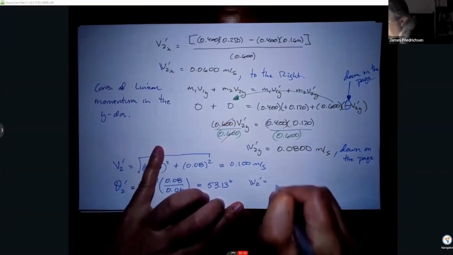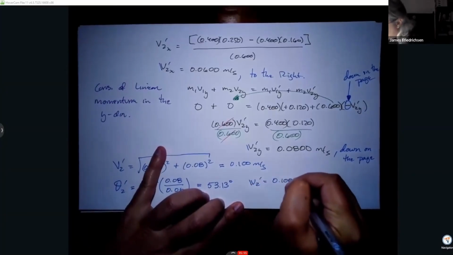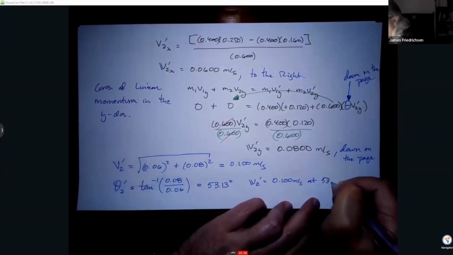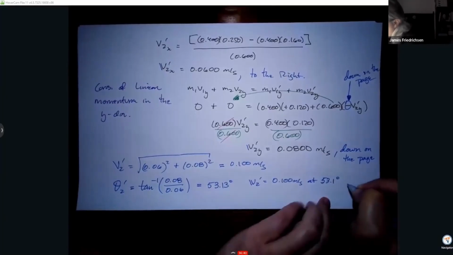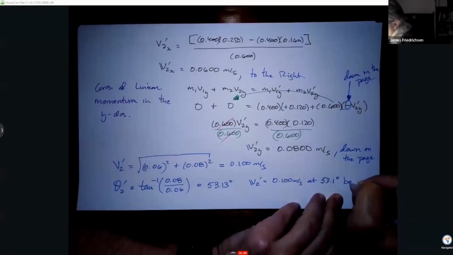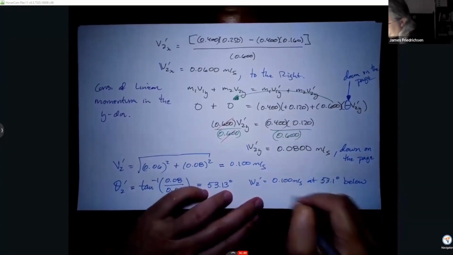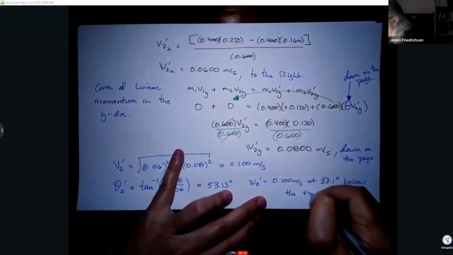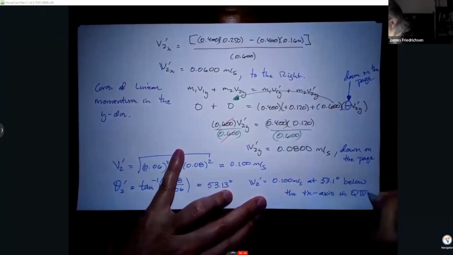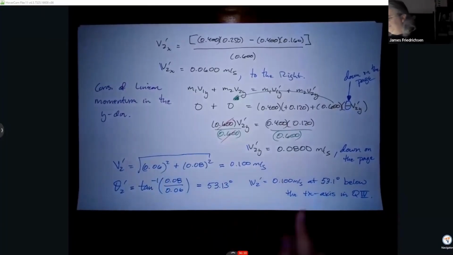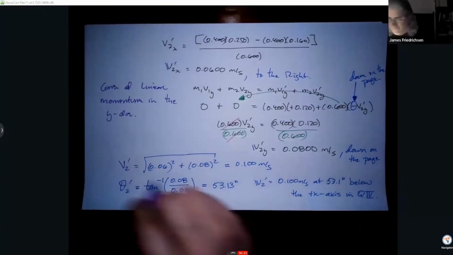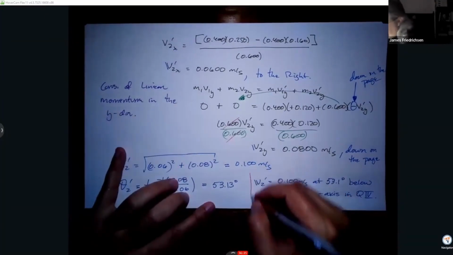So we look at our v2', the magnitude is 0.100 meters per second at our angle of 53.1, not 51.3. This would be below, and I would go with the plus x-axis in quadrant 4. So we'll add my plus in there that I like, but they didn't do that, but we'll be all right. And there we go. How'd we do?